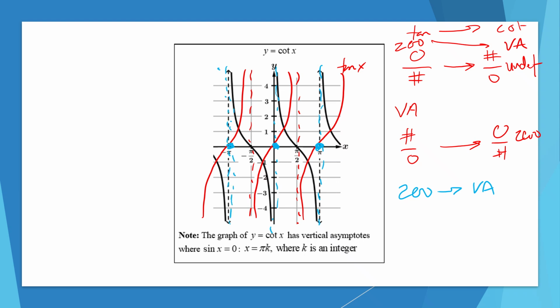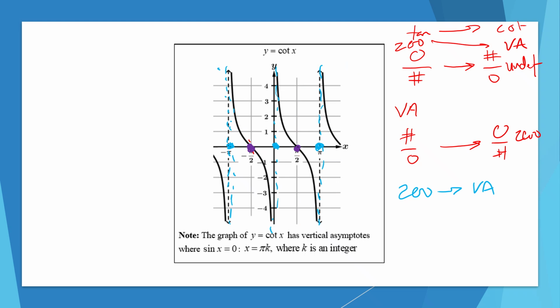Now let's also take a look at where there are vertical asymptotes for tangent, which is at pi over 2 and negative pi over 2. Those will become zeros for the original graph of cotangent. So erasing everything that we know now, we can see that trend right there.